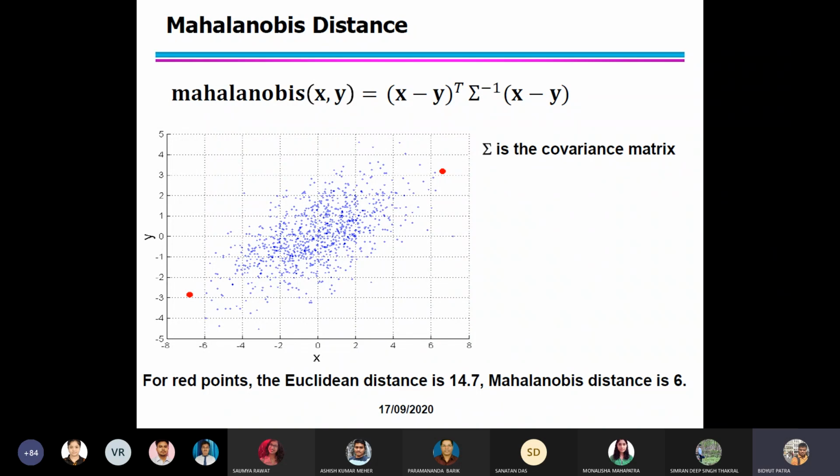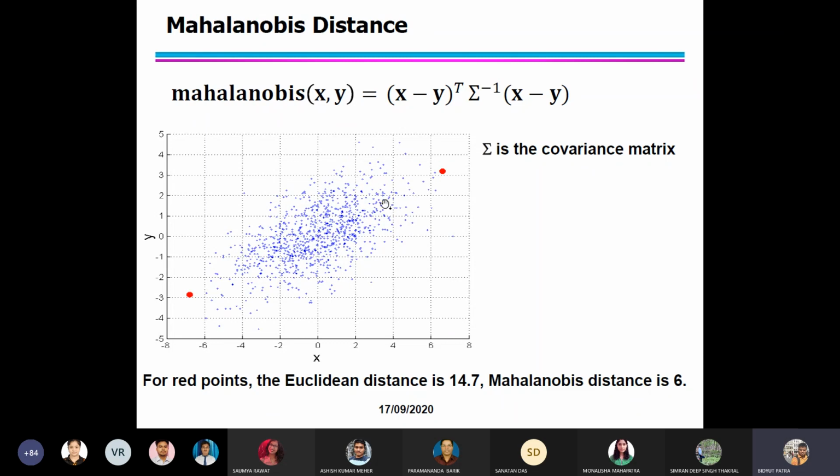What I wanted to convey is that the other points in the data also play a role while computing distance in Mahalanobis, and therefore this distance measure is so popular, because the other points have values and those are considered.